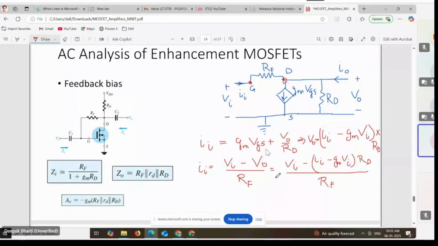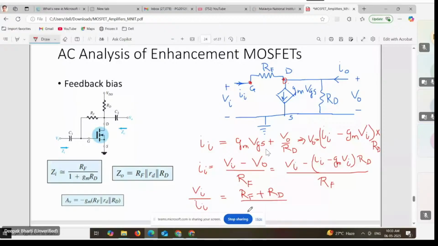Okay, so we can write the Vi and Ii terms separately and then take the ratio. I am directly writing the ratio Vi and Ii. It will be equal to RF plus RD upon 1 plus gm RD.